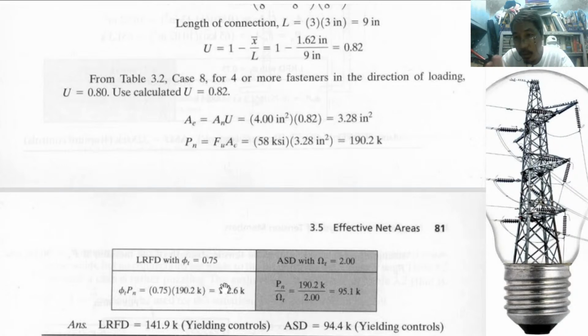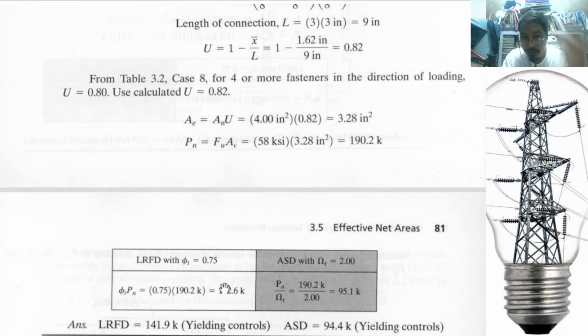We have to satisfy all of the failure modes: rupture, yield, block shear, and bearing strength. We can do that by selecting the lowest value. If you select the lowest value, that value would satisfy all of these.